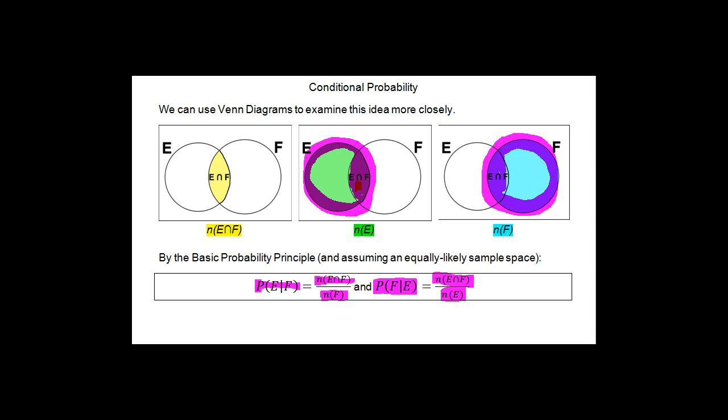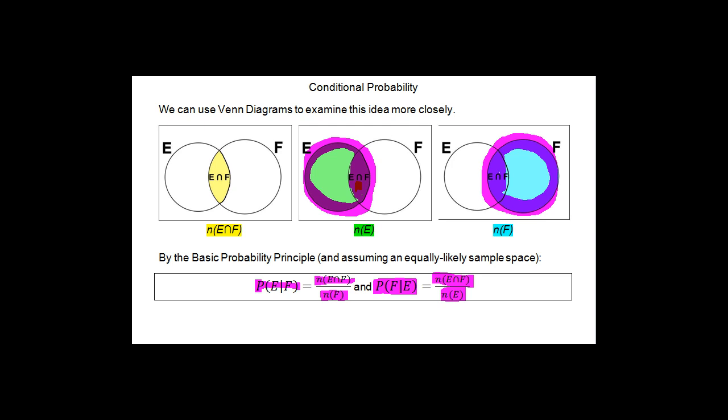So what I'm trying to show you is when you're doing these conditional probabilities, if you think about it in terms of Venn diagrams, you're taking part to whole as with all probabilities, but you're taking the intersection of the two events as the numerator, and then you're dividing by, well, it depends on which one you're looking for.